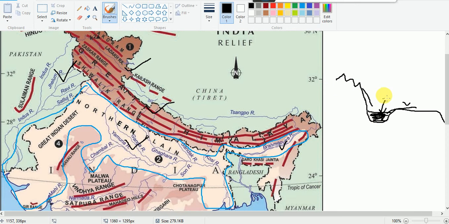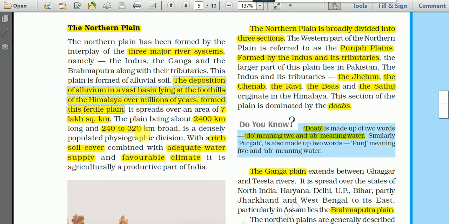Just see this diagram. It spreads over an area of 7 lakh square kilometer. The total geographical area of the northern plains is 7 lakh square kilometer. The plain, being about 2,400 km long and 240 to 320 km broad, is a densely populated physiographic division.